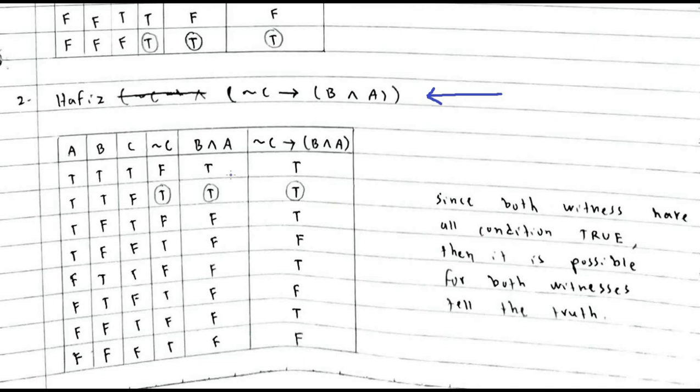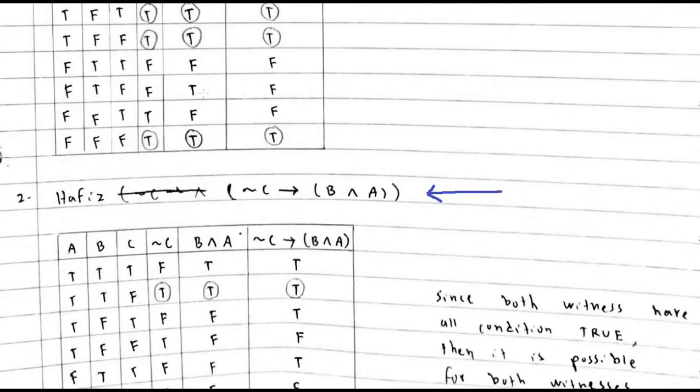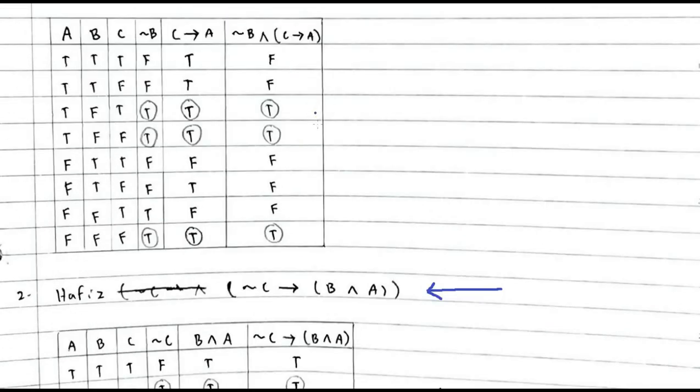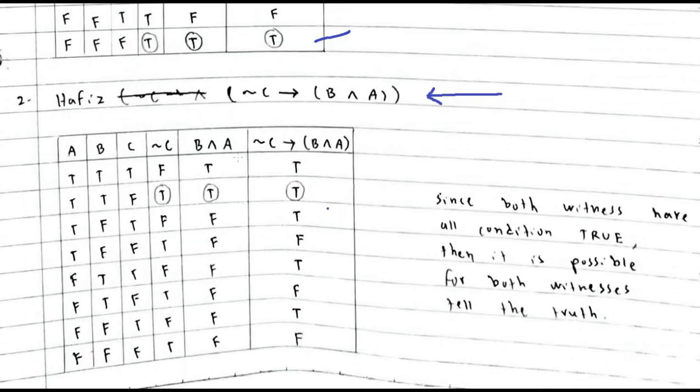So the question asks, is it possible for the witnesses to tell the truth? Based on the truth table, Leong has 3 rows with all conditions true, and Hafiz has 1.